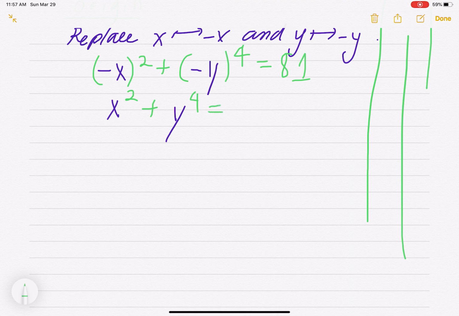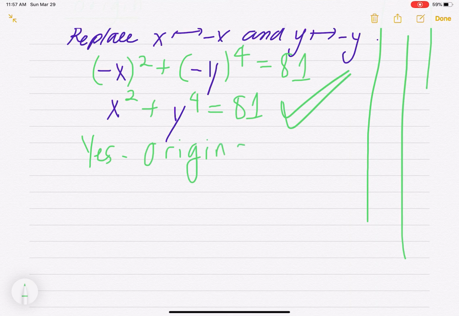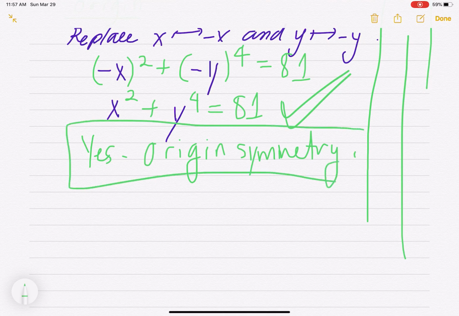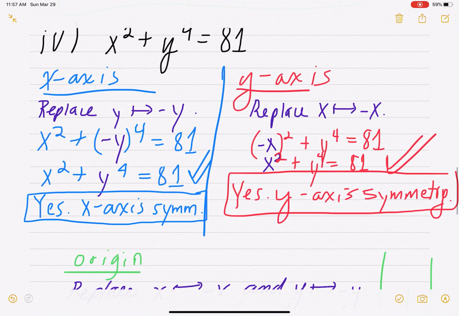This is going to be equal to 81. And that is precisely the original equation. So yes, this one also has origin symmetry. So this two-variable equation, its graph has all three types of symmetry. It has origin, y-axis, and x-axis.